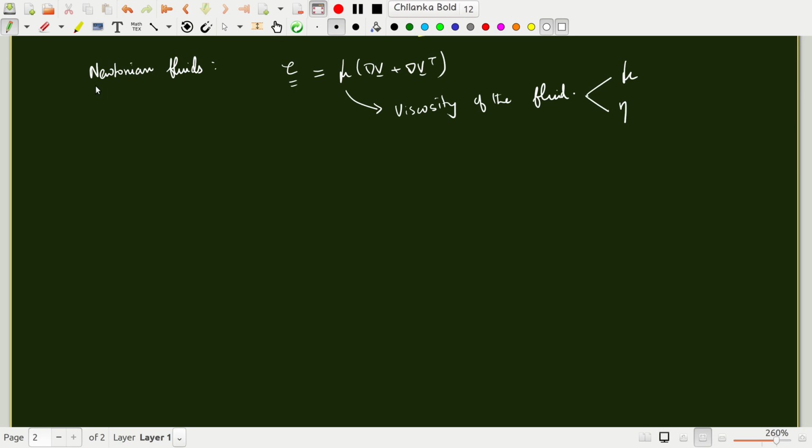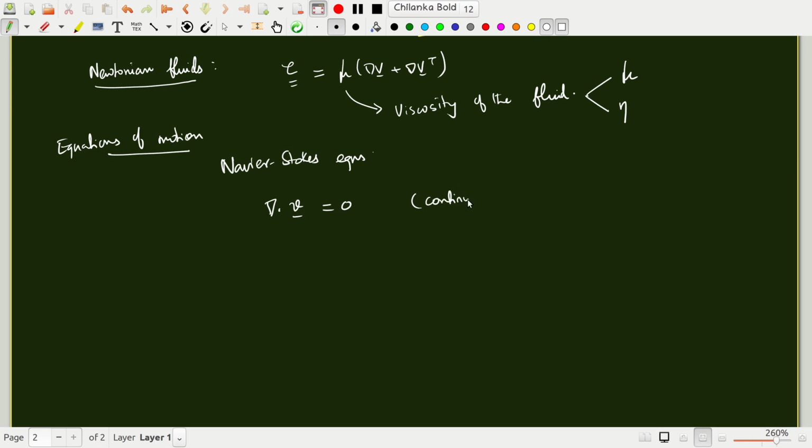Okay, the governing equations of motion for Newtonian fluids are called the Navier-Stokes equations. Okay, these are the continuity equation, del dot V equal to 0. This is the mass conservation or continuity equation for an incompressible flow, which I'm going to assume.